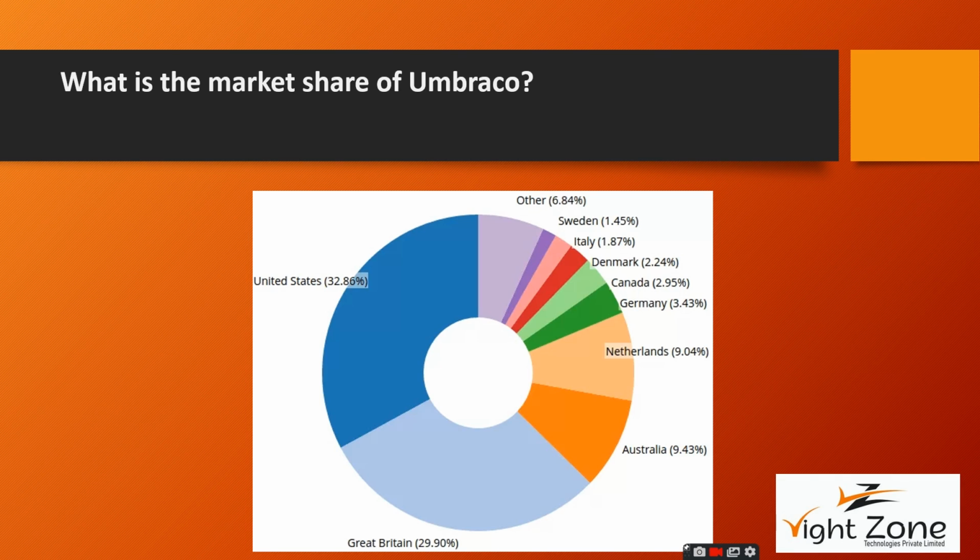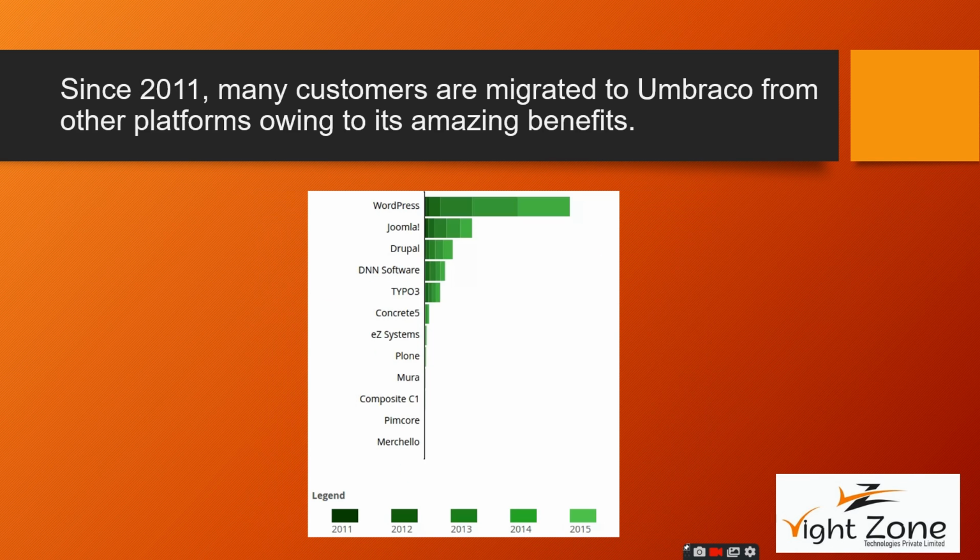I'm showing a graph of the market share of Umbraco. It is covering a huge market in the United States as well as Great Britain. The origin of Umbraco is in Denmark, where the headquarters is located.